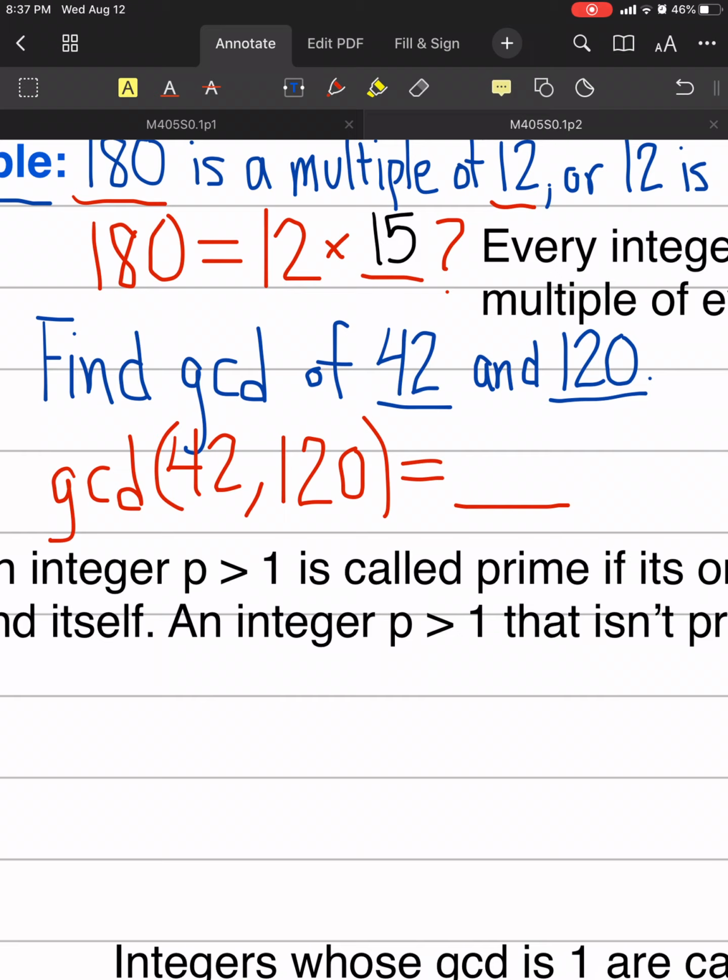But there is a more brute force way to do it, without the algorithm we're going to get to next time, which is just list all of the divisors of each of these numbers. List out all the divisors of 42, list out all the divisors of 120, and find the biggest one that appears in both lists.